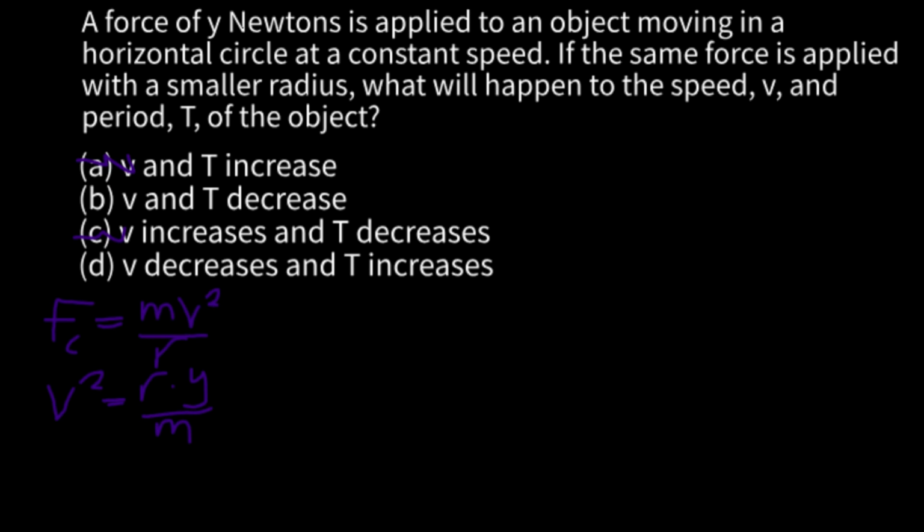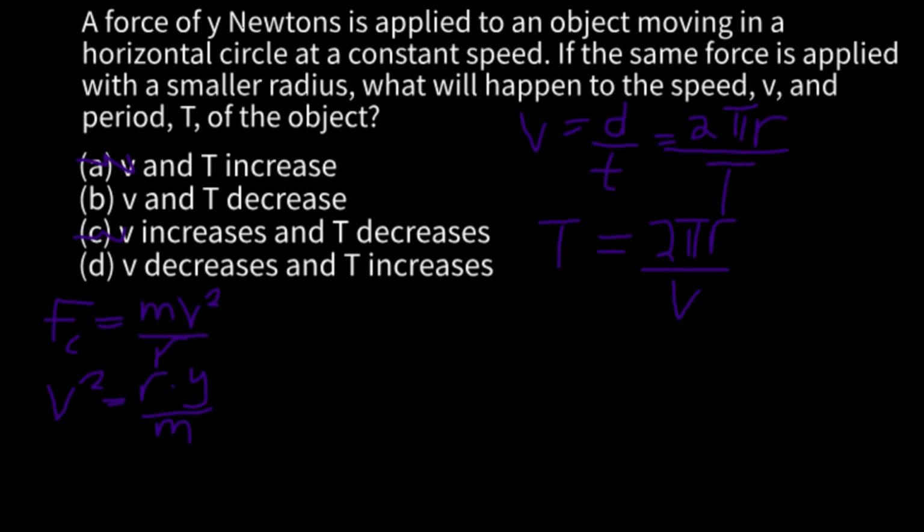Now we just need to know what happens to the period. Well, we know that speed equals distance divided by time, and that distance will be 2 pi r divided by the time T for the period, and then we can see that period will equal 2 pi r divided by that speed.